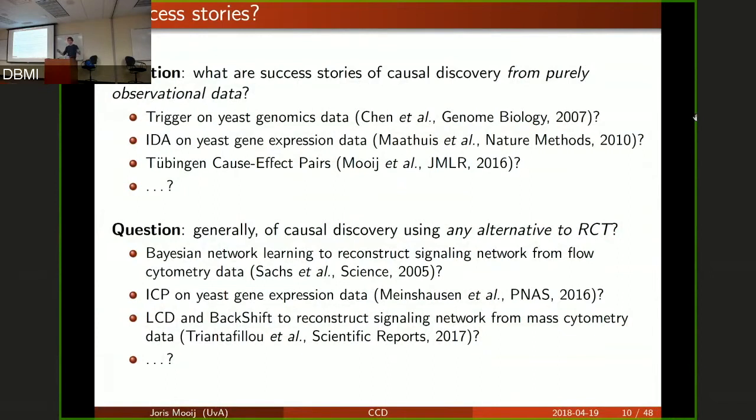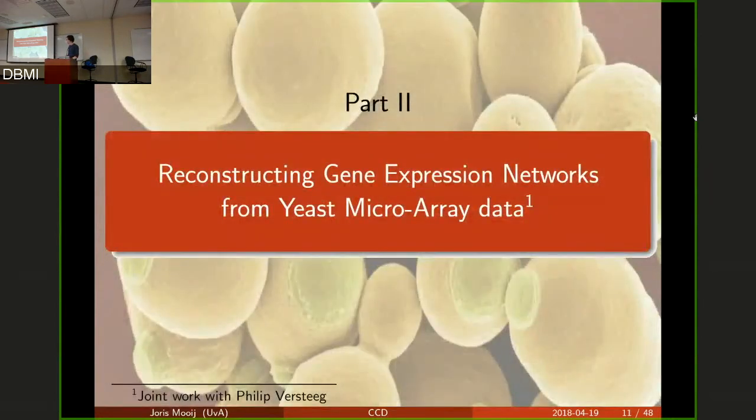If you have any preferences, let me know, because then I'll reserve more time for it. I have a preference myself for the yeast gene expression data, and then we'll see how much time is left.